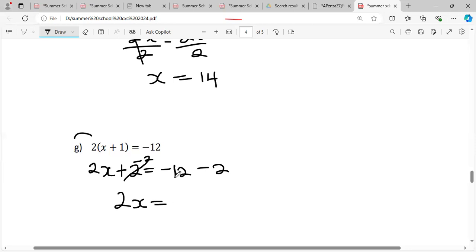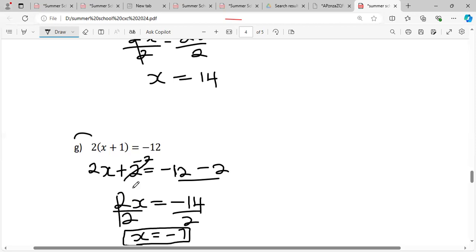Both of these are negative, so we add them to get negative 14, and then we divide by 2. And of course, we know that a negative divided by a positive would be negative. That's negative 7, and that would be the correct answer.